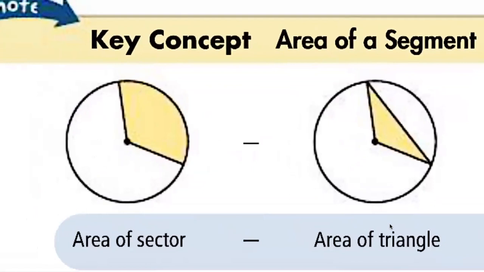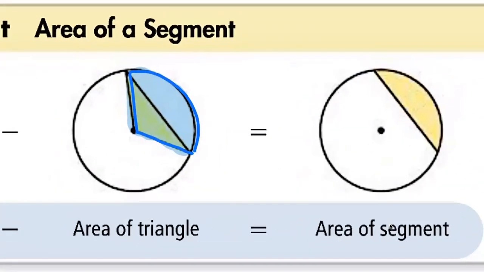So if I have this part here, and then that whole area, I calculated that. Move that over here. Then if I remove the triangle here, what I'll have left is this part.